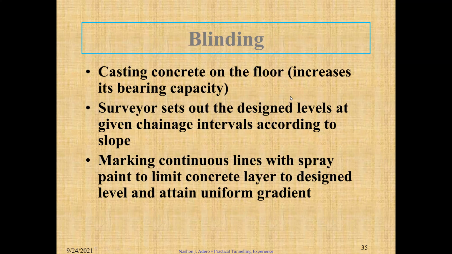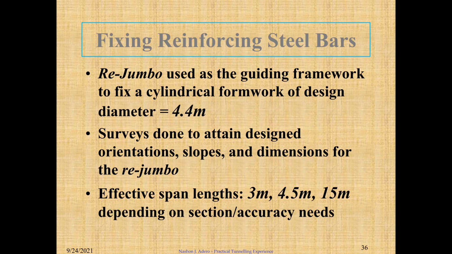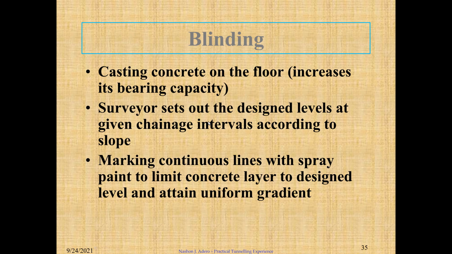We also have what we call blinding. So you have some concrete on the floor to increase the bearing capacity, and also to ensure that the floor of the tunnel is more conducive for setting out works by the surveyor, because you also need some fairly firm ground for setting up your equipment, and also for using concrete nails.